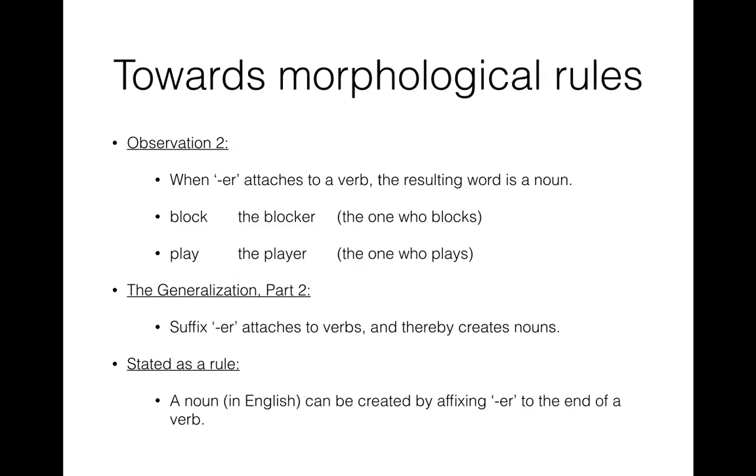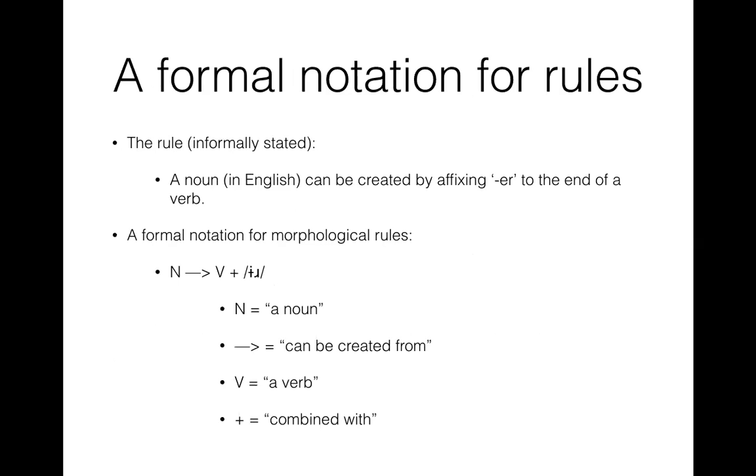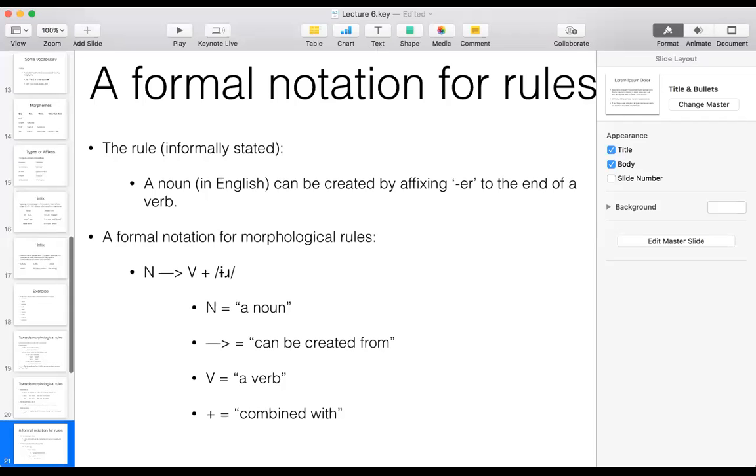So we can informally state this as a rule of English. A noun can be created by affixing ER to the end of a verb, right? So here is how you would do that in a formal notation for morphological rules. You have N, which is a noun, V is a verb, and then ER is the suffix.